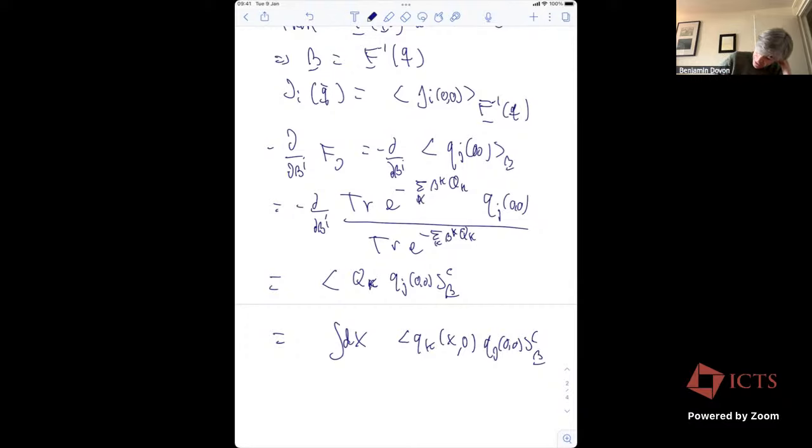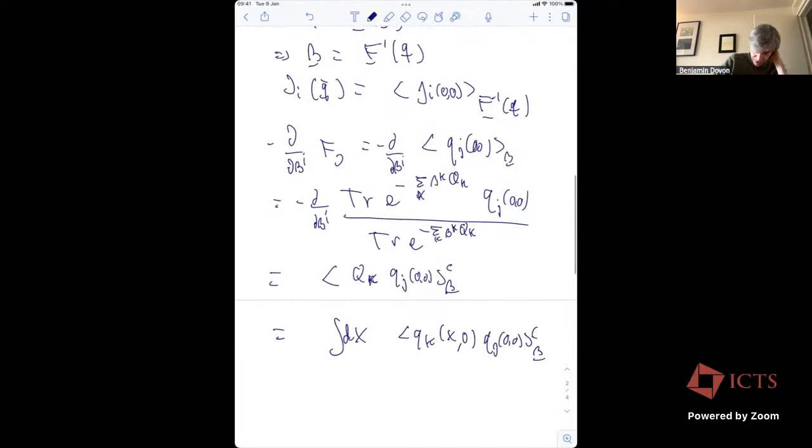And what I'm saying is that this thing is Cij. Sorry, this is an i that goes there. If this is positive, then I'm in business. Then I can invert, and I have beta as a function of Q, so I can find the temperatures given the densities, and I have my current as a function of densities.